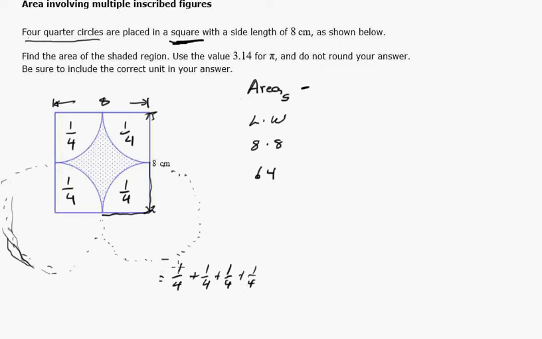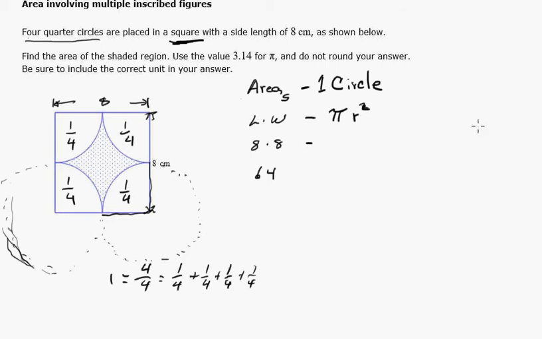Well, 4 over 4 is just 1. So what we're really doing is subtracting off 1 circle to get the area. The formula for a circle is pi r squared.